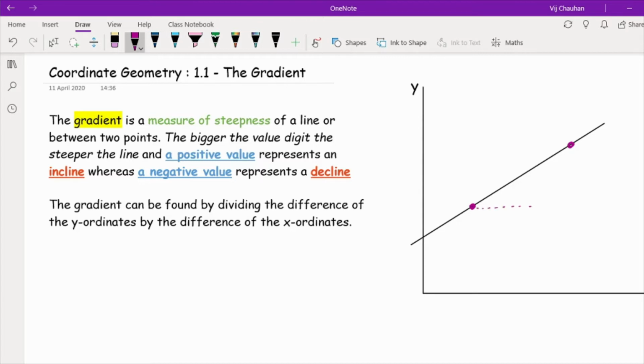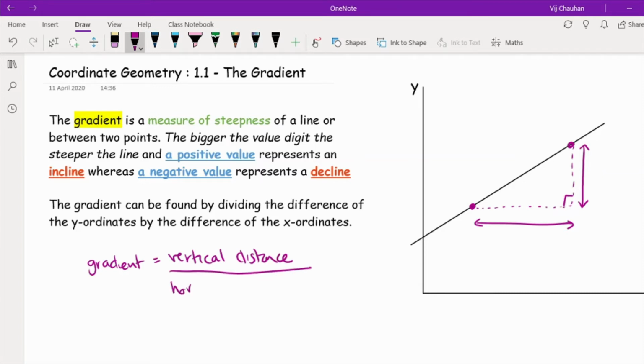I would draw a right angle triangle, and then I would measure the height and the base of that triangle, where the gradient would be equal to the vertical distance divided by the horizontal distance, and obviously using a bit of common sense as to what the sign of that line is going to be.